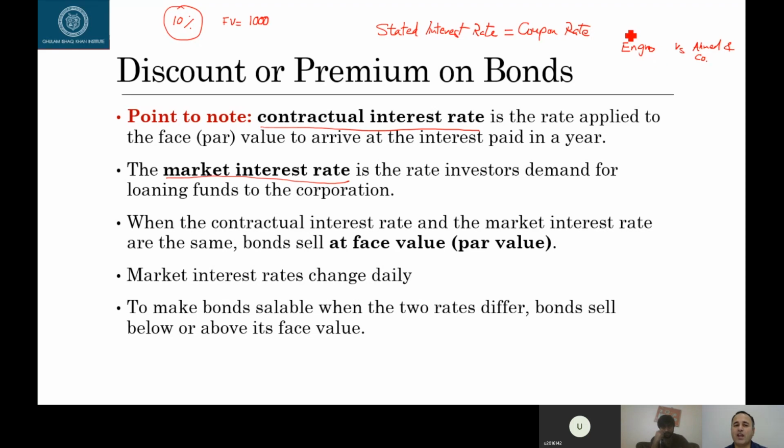Both of them, if they're selling bonds, have the same face value of 100 and coupon rate of 10%. What will be the required rate of return for Engro and Ahmad? For example, I'm assuming that for Engro Chemicals, I need at least 8% return. For Ahmad, what do you think? What will make you happy, Junaid?